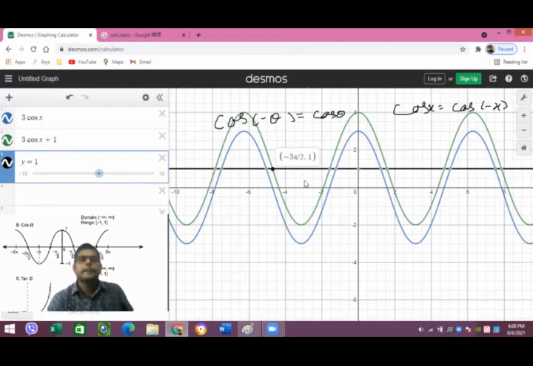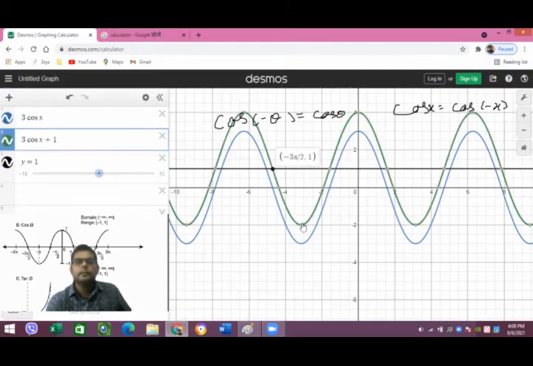So if you would like to find the difference, this minimum point has y coordinate -2, and at the maximum point, the y coordinate is 4. So 4 minus -2 is 6, divided by 2 is 3. So amplitude is still 3 over here. Okay, so this way you can see it.